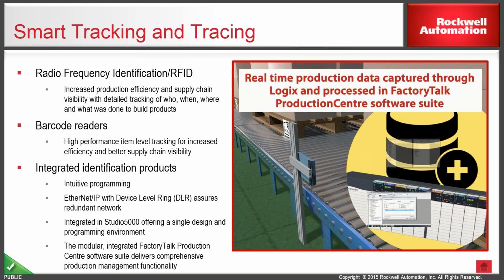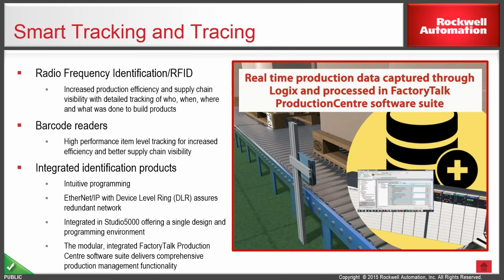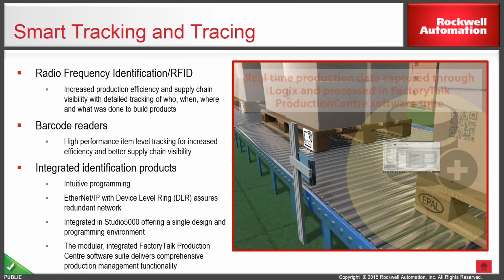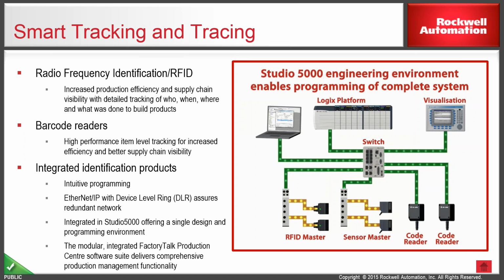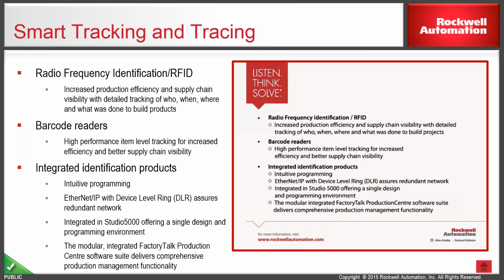All data is available for production tracking and tracing. All smart sensors are also integrated into Studio 5000 engineering environment, allowing configuration and management of all devices. So in this example, we saw 3 devices being used.